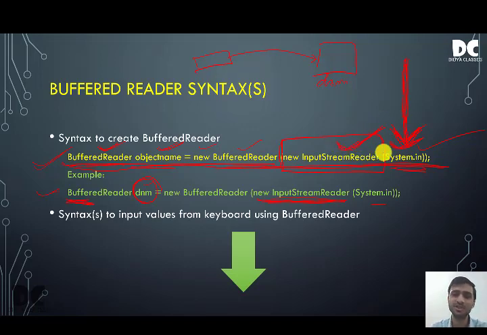So when you press 5 on your keyboard, it flows as 101. The input stream reader converts this 101 into 5, bytes to characters. Then this 5 will be stored in your variable DNM as 5. This is the meaning of this line.